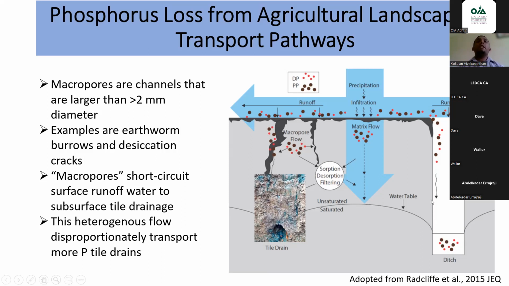As you can see here, macropores could short circuit surface runoff water to the subsurface tile drainage, overriding the soil's inherent ability to buffer or filter some of the phosphorus. So this heterogeneous flow disproportionately transports more phosphorus into the tile drains.